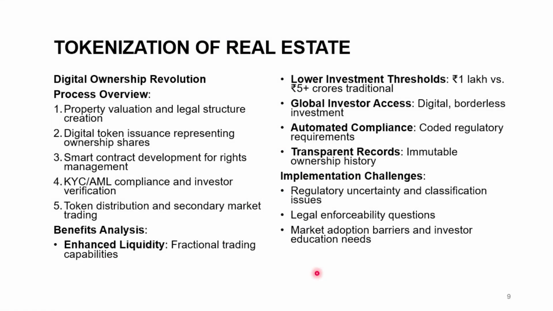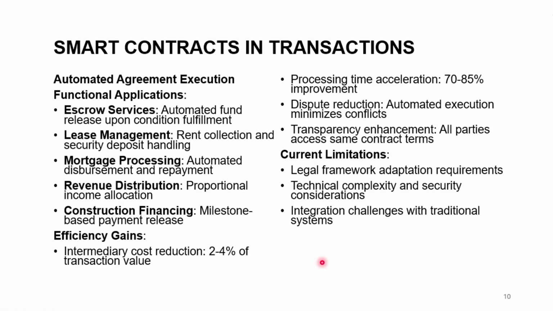So that is there. Then we go to smart contracts in transactions. So smart contracts represent one of the most practical applications of blockchain technology in real estate transactions. So these are self-executing contracts with terms directly written into code, automatically enforcing agreement conditions without intermediaries.